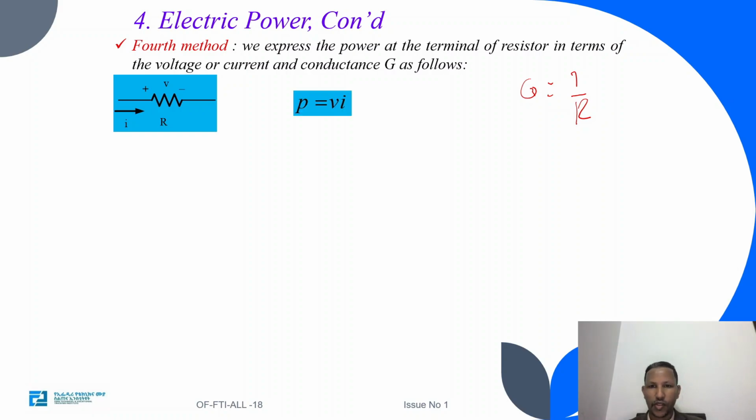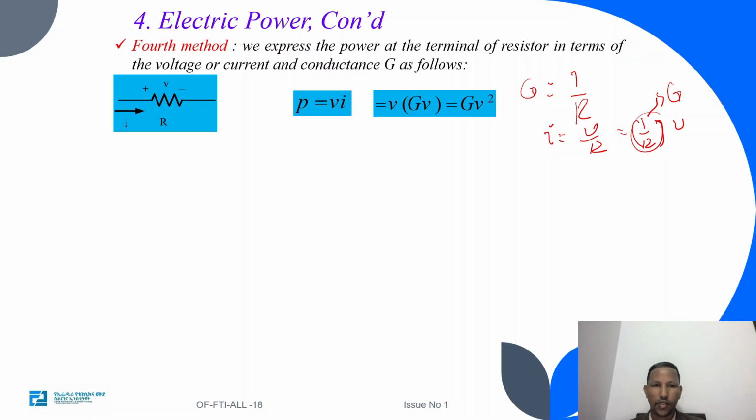Using the passive sign convention, P is given by V times I. We know that I is given by V over R, which is 1 over R times V, and this one is the conductance. So we can substitute the conductance using this expression, and you'll have conductance times voltage squared will give you the power. This is using the passive sign convention.